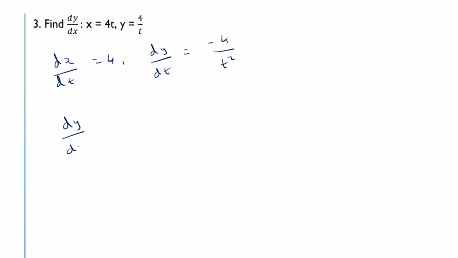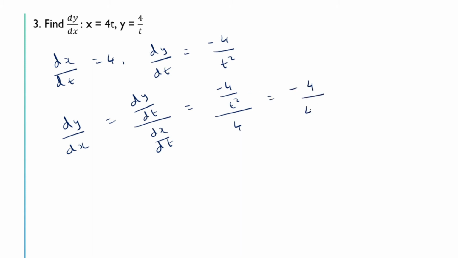Now dy by dx equal to dy by dt the whole divided by dx by dt, minus 4 by t square divided by 4. So this is equal to minus 4 by 4t square, or it is minus 1 by t square. Therefore dy by dx equal to minus 1 by t square.